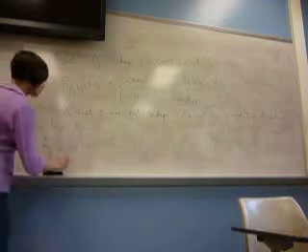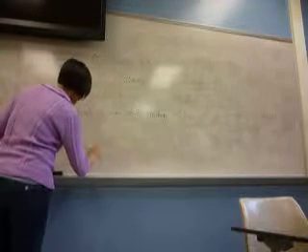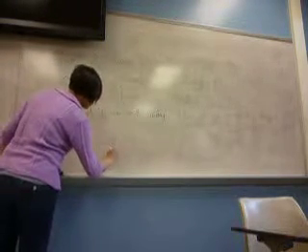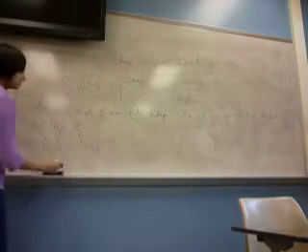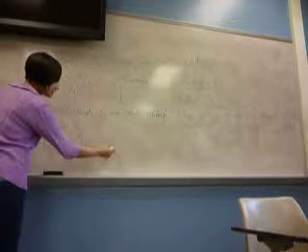So how does this go? F_Z(z) is just the probability that X plus Y is less than or equal to little z. X and Y are random variables; z is a number, not a random variable.